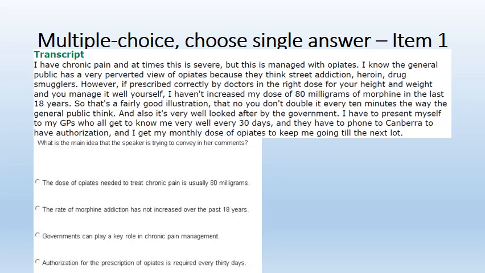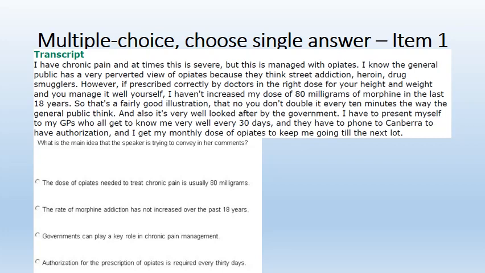However, if prescribed correctly by doctors in the right dose for your height and weight, and you manage it well yourself, I haven't increased my dose of 80 milligrams of morphine in the last 18 years. So that's a very good illustration that no, you don't double it every 10 minutes the way the general public think. And also it's very well looked after by government.